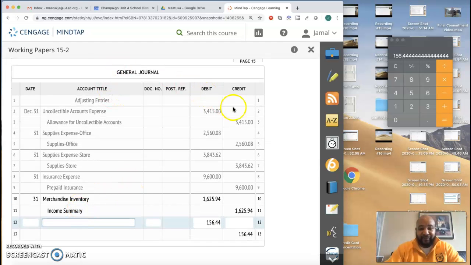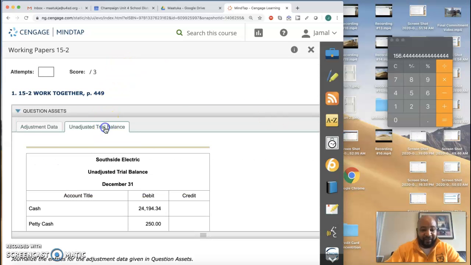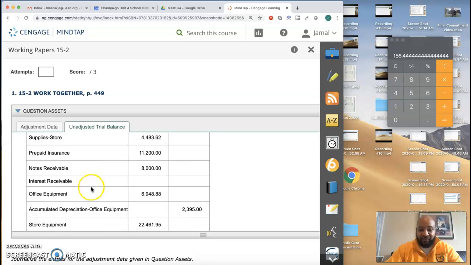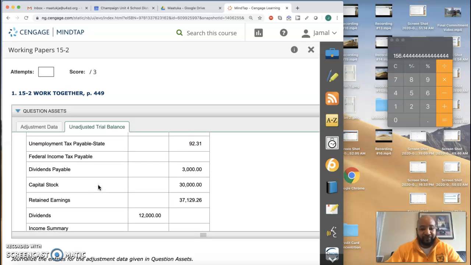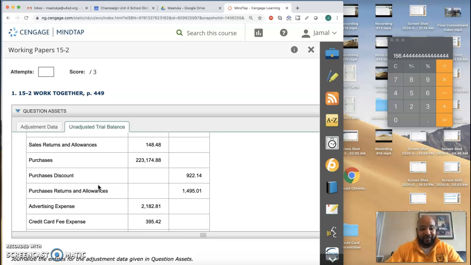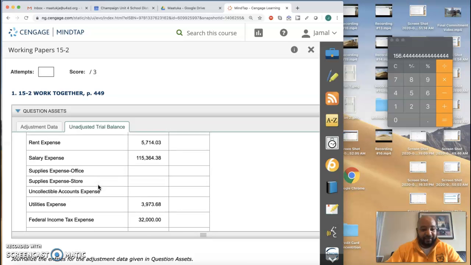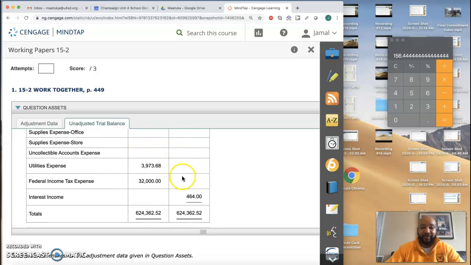So if you go back up to the top, if you don't remember off the top of your head, if you look at what needs to be debited, well, we just got some interest receivable. That was the money that's coming in. So it's going to be 156.44. And the opposite is interest income. So let's go back down.